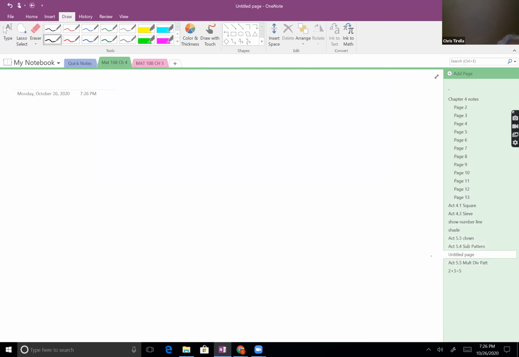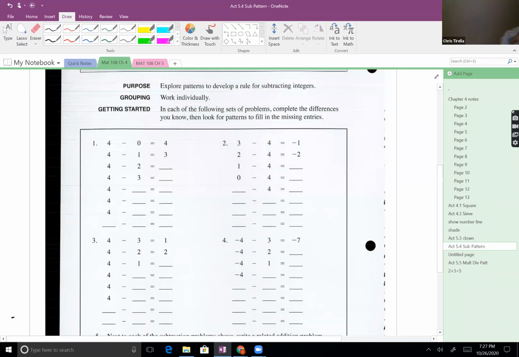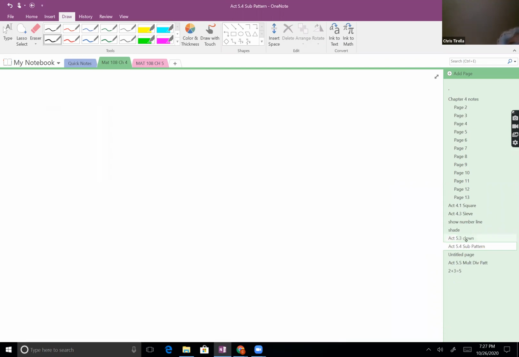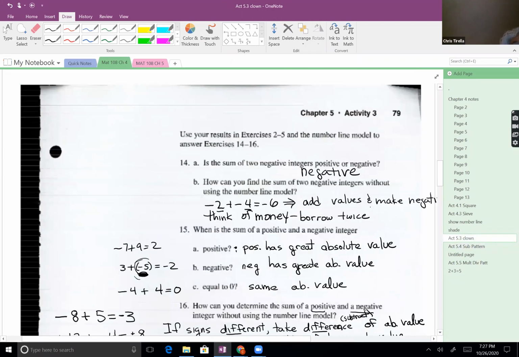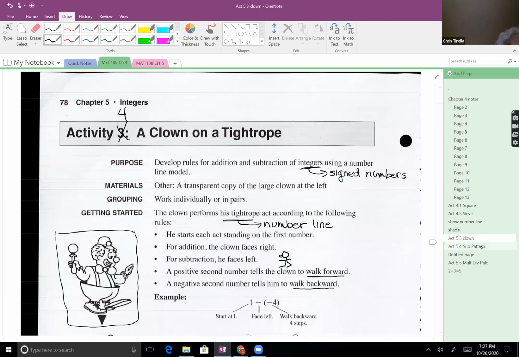Can you look in your activity manuals on page 81 at activity 3? Now do your numbers match up? Yes. Okay, so I'm going to change this one to activity 3, and this one to activity 4, and I apologize for that.